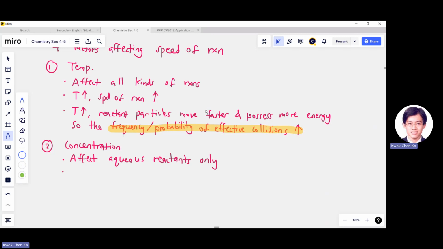Remember your friend, the Haber process? You haven't gone through the Haber process yet? Is any of it aqueous or not? Nothing is aqueous.